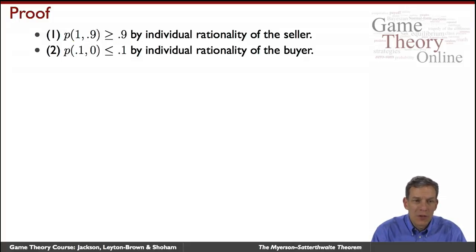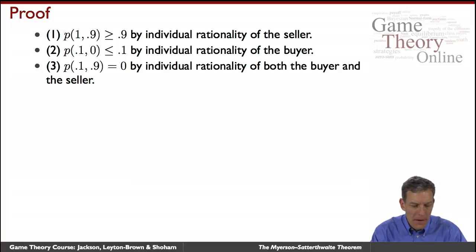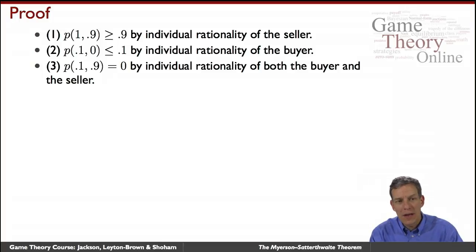When we see a low-valued buyer and a low-valued seller, then the price can't be more than 0.1. Otherwise, the buyer won't want to buy it. So individual rationality means the price in that case has to be below 0.1. When there's no trade, the price exchange is going to have to be 0. And that's going to have to be true because of the individual rationality constraints of both the buyer and the seller.